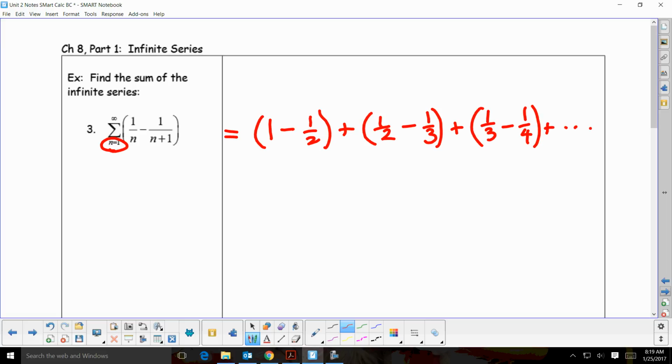Okay, and that keeps going, right? Can you see something that is happening? Karen, yeah, what do you see? Okay, so something's going to 0. Taya, what do you see?